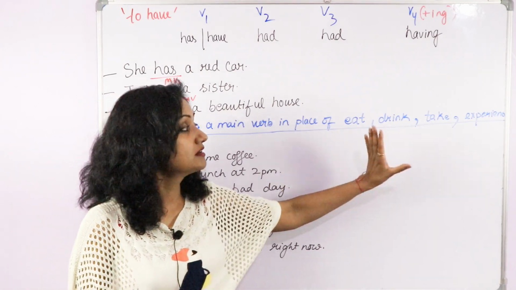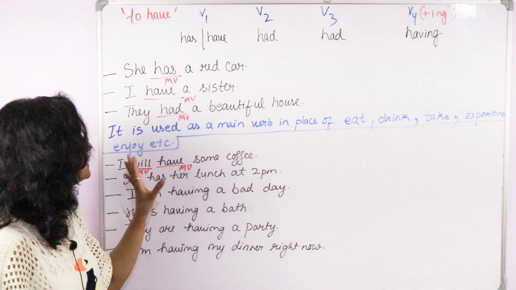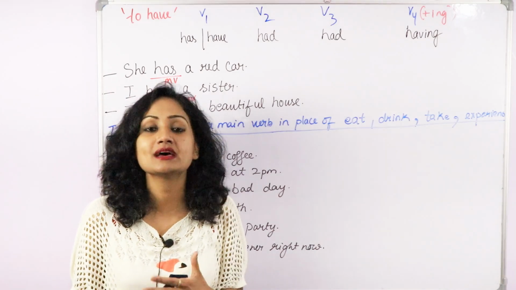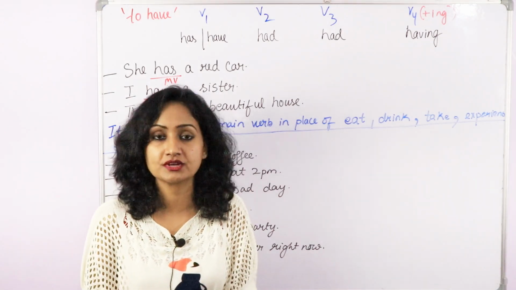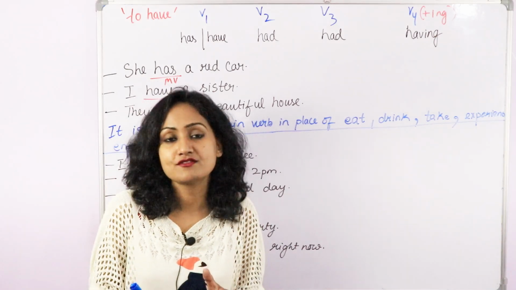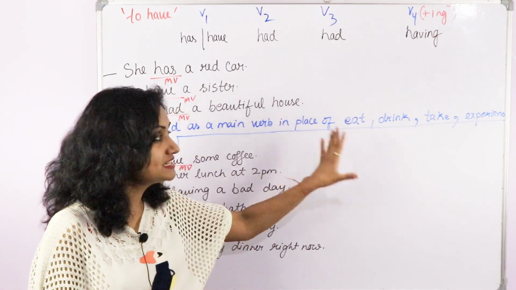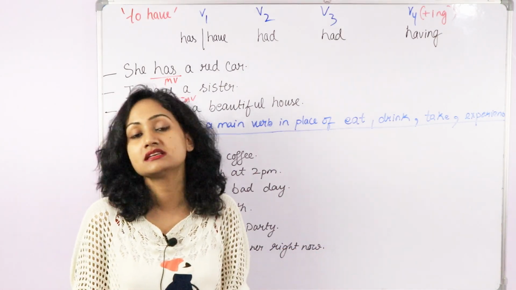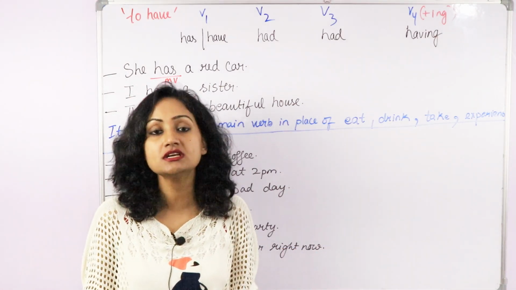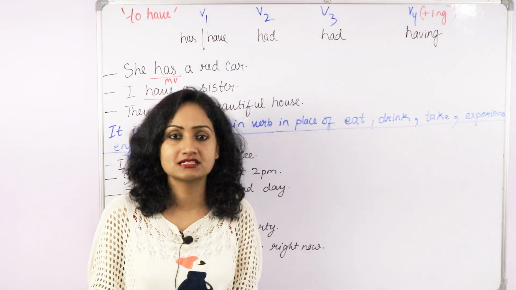Eat, drink, take, experience, enjoy, these all are dynamic verbs and we can use dynamic verbs in continuous forms. So whenever have is used in place of these verbs, then it can be used with ing. Otherwise, it cannot be used with ing. It should be used as a stative verb.